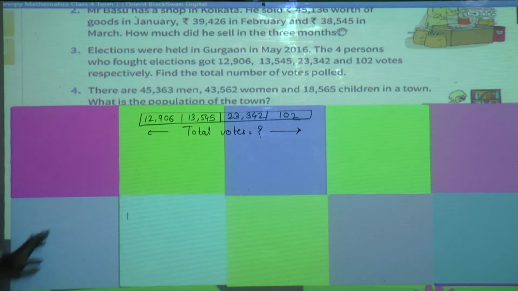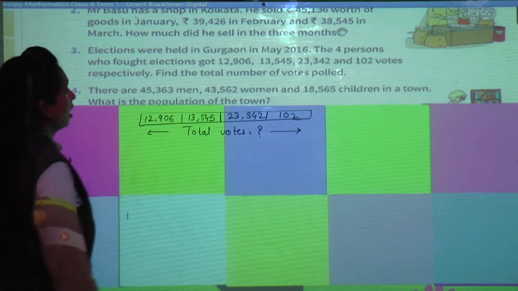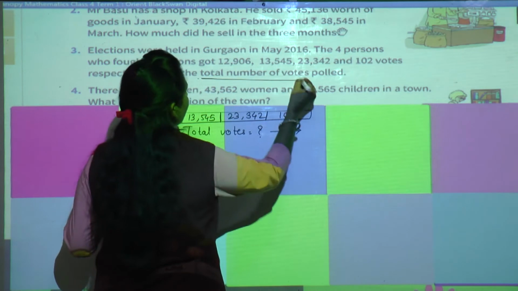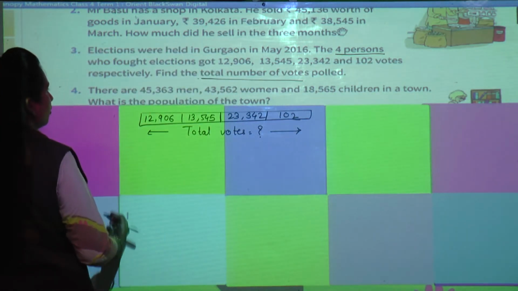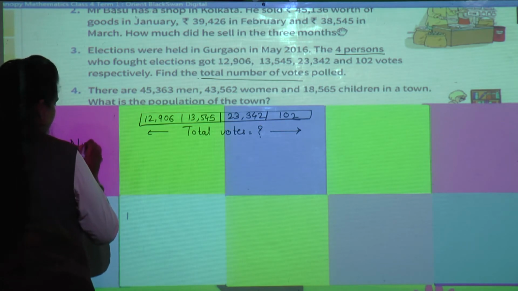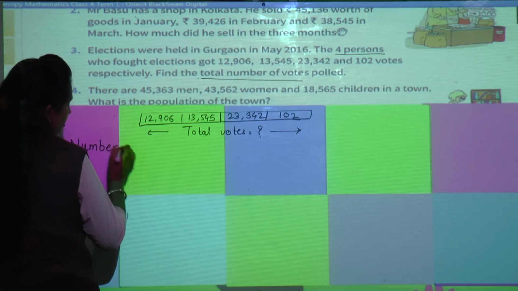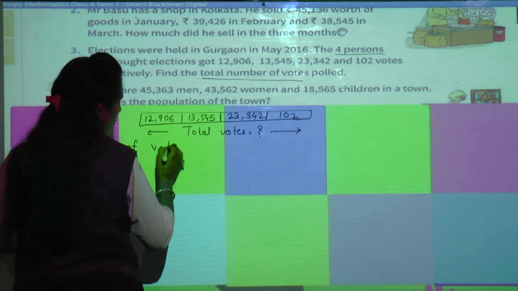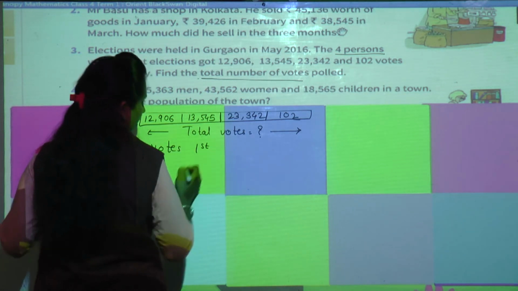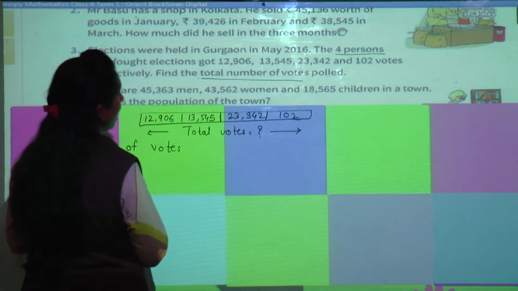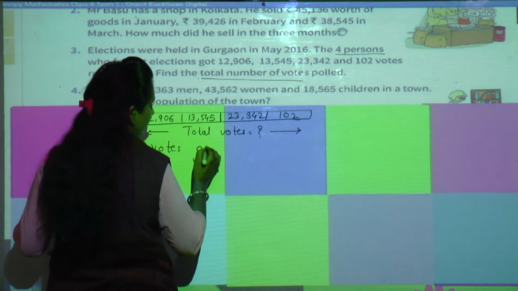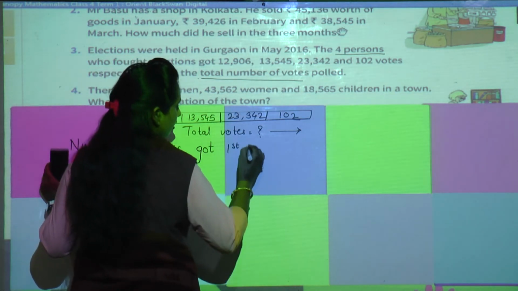Okay, so how can we present it in a sentence? See, the total number of votes we have to find out. How many persons are there? 4 persons. Now what you can write here: number of votes got by the first person.